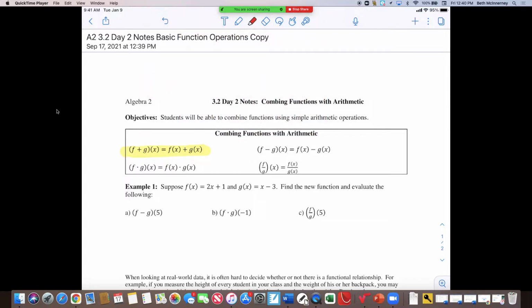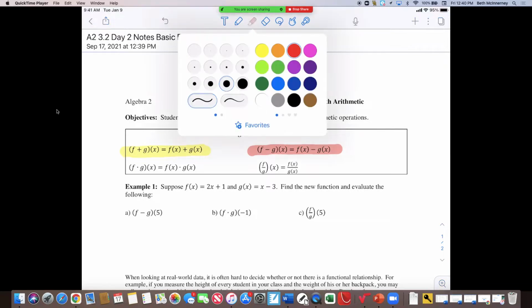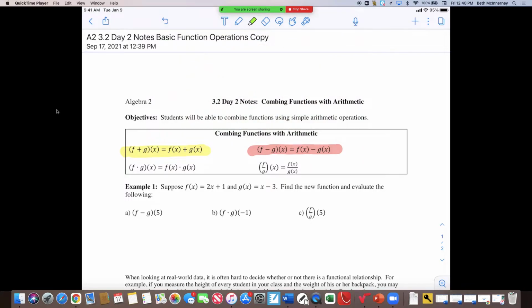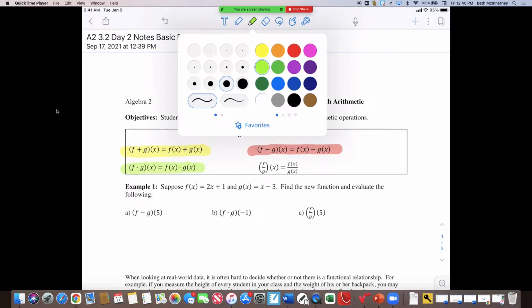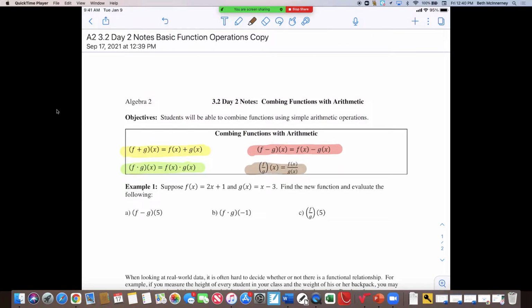If I have f minus g of x, you're going to do f of x minus g of x. If I see f times g of x, that is the equivalent way to say f of x times g of x. And the last one, if I do f divided by g of x, that is simply the way that we say f of x divided by g of x.